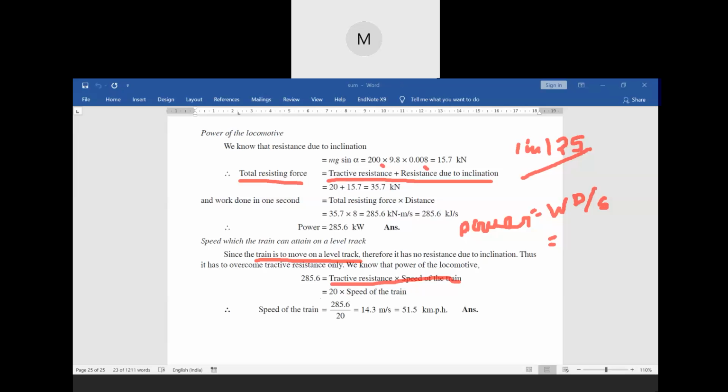Do we need to find out the inclination for this case, or can we simply go by finding out the tractive resistance? Can anyone answer the question? Because most of the people are just connected.